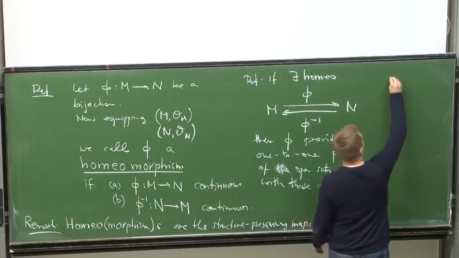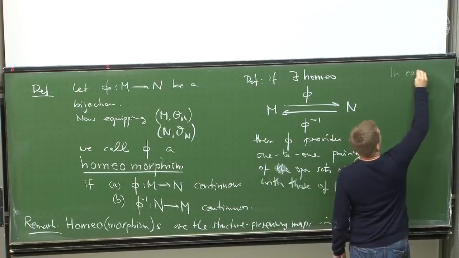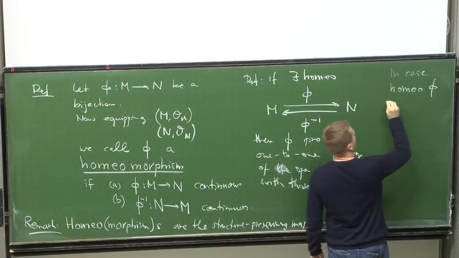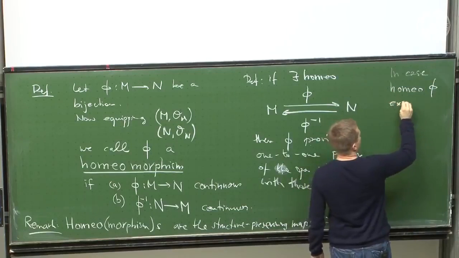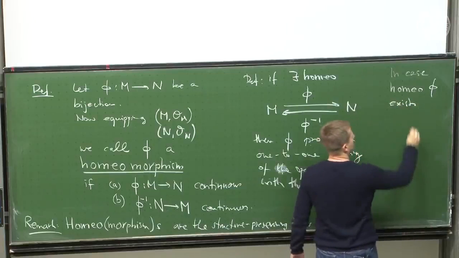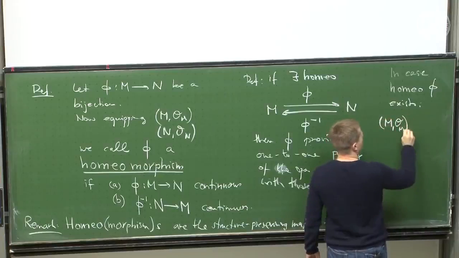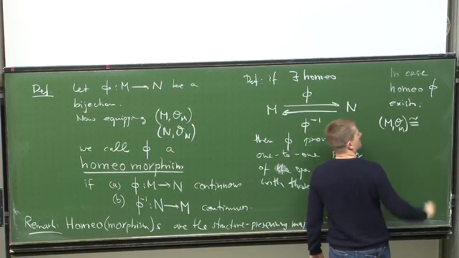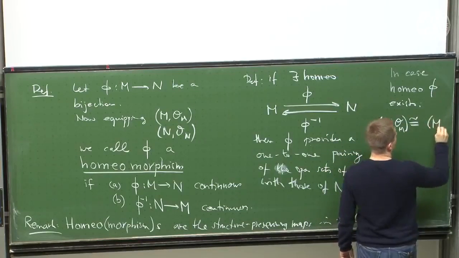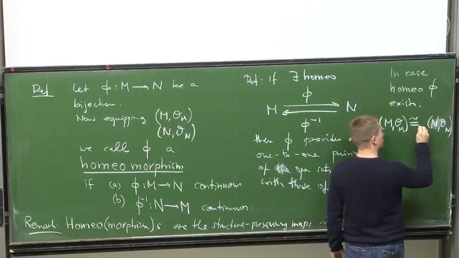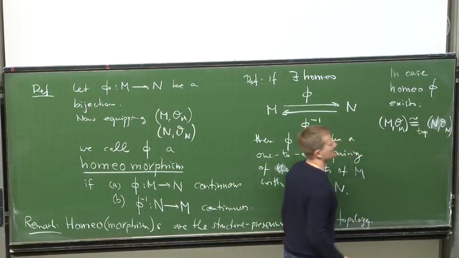And we then write, in case a homeo phi exists between two topological spaces, we say that this topological space is isomorphic to that topological space, but it's isomorphic in the topological sense.